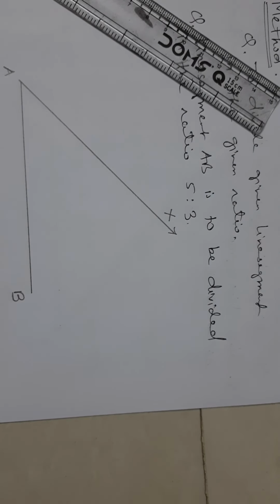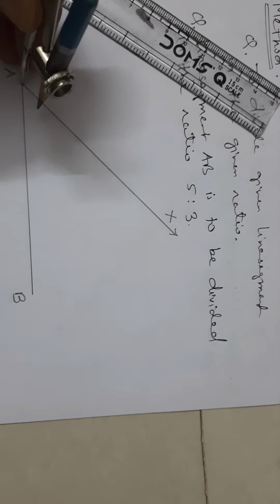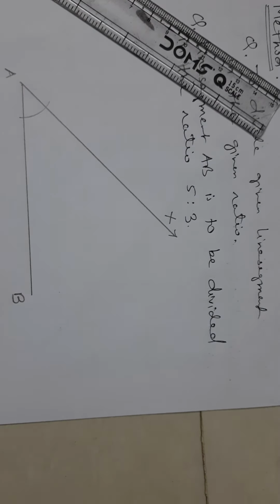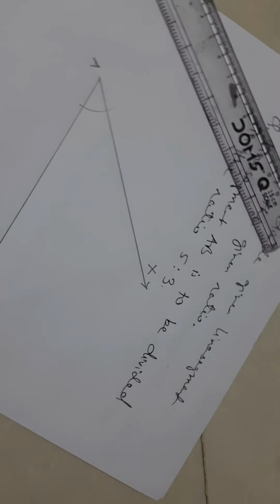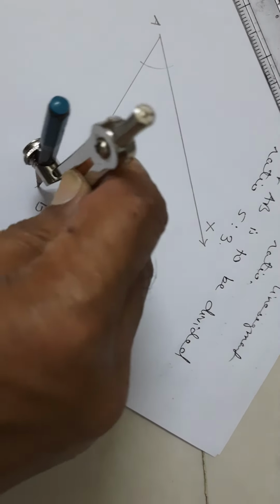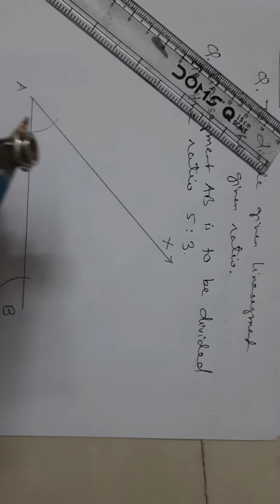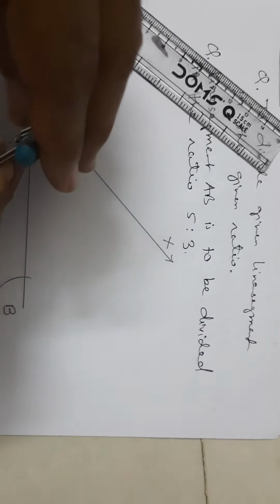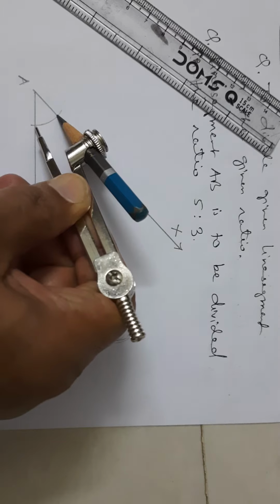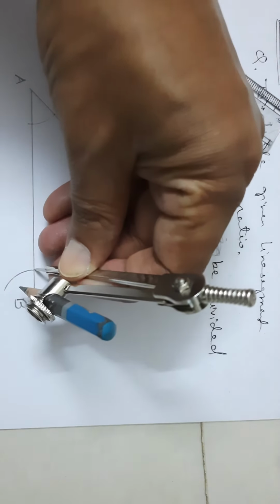Now at B we want to draw an angle which is equal to this angle BAX. So I draw this. Last year I already studied how to construct an angle congruent to a given angle. So with that same radius I also mark here. Now I measure this, and I will cut an arc over here.